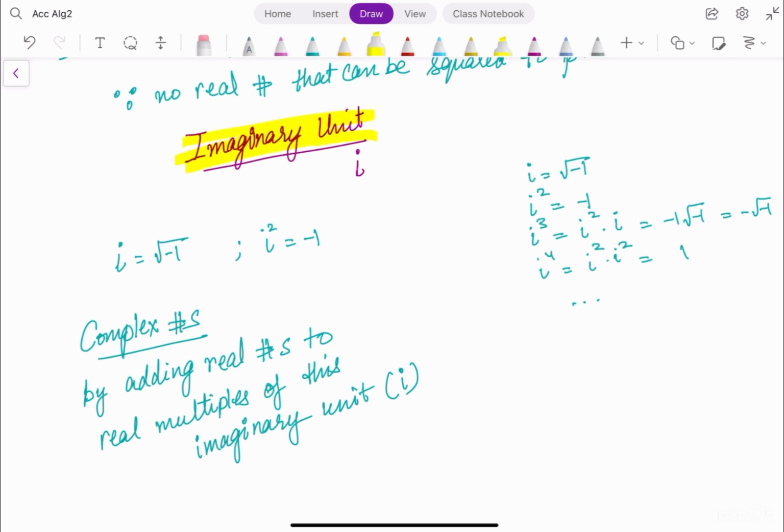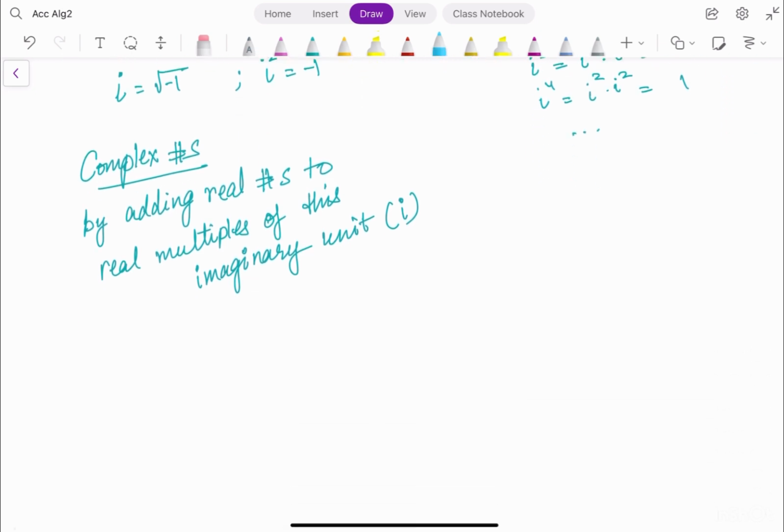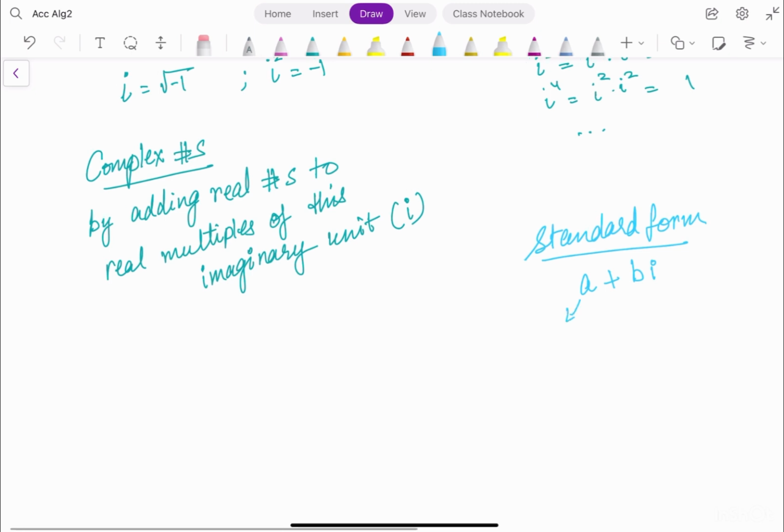Just like quadratics, there is also a standard form for complex numbers. The standard form of a complex number is a plus bi. A few things are very crucial here. a is standing alone, without any imaginary unit, so a is your real number, the real part of the standard form.